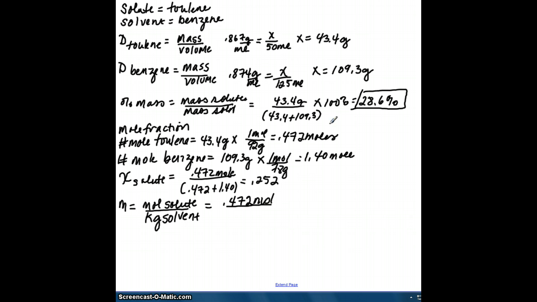Earlier, we figured out the mass of our solvent is 109.3 grams. So that is 0.1093 kilograms. The molality of this solution is 0.432 molal.